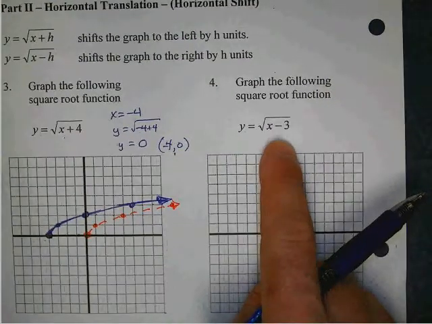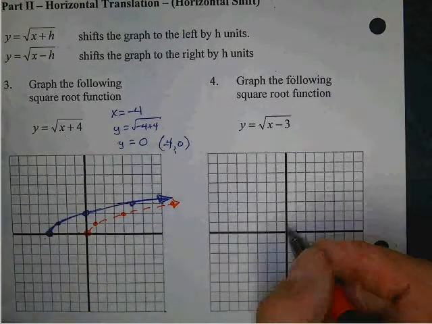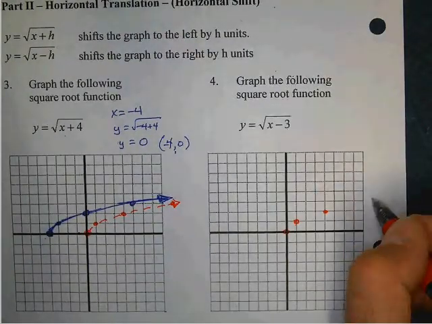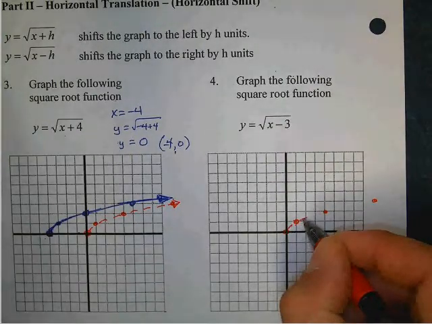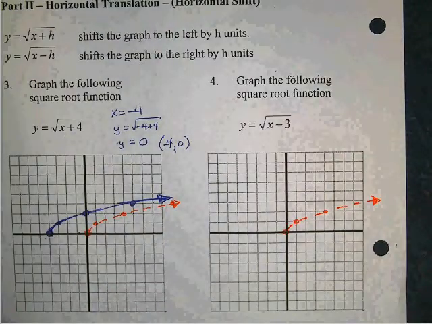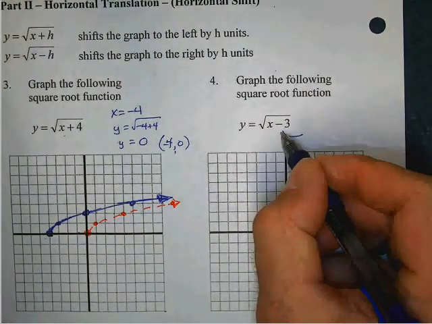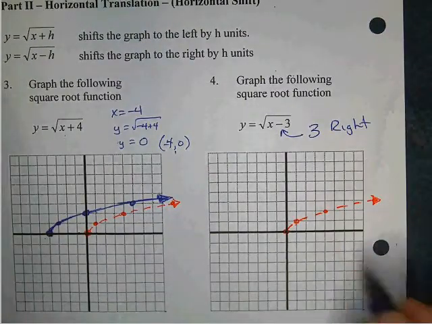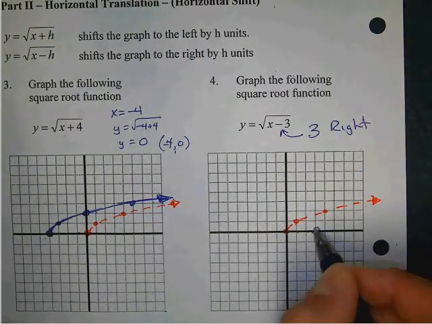Which way does this one shift? All right, let's do our parent function. Shifts 4 to the left: 1, 1, 4, 2, 9, 3. So once again, if it's a minus 3, it shifts 3 to the right.